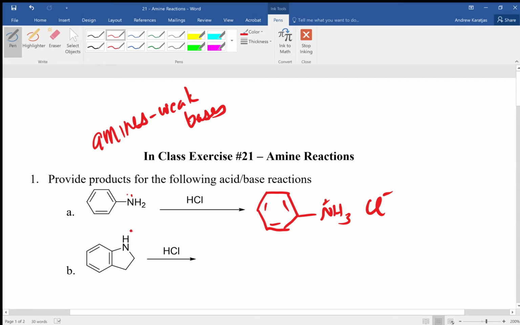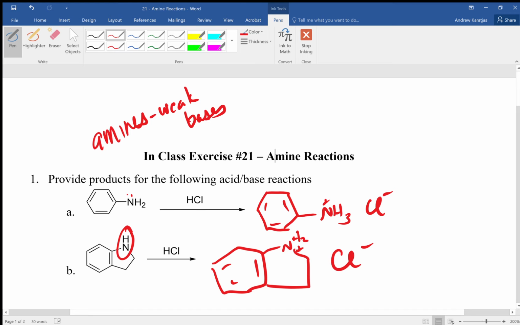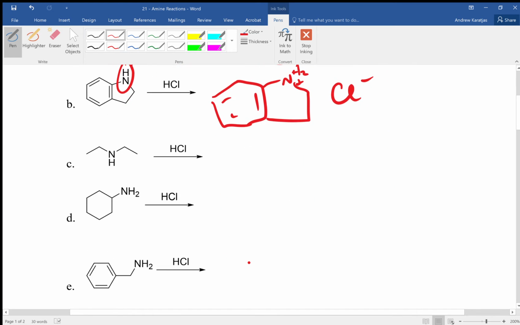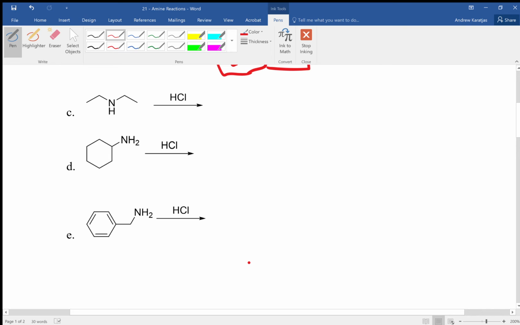Same thing in part B. Strong acid reacts with an amine, and we get an ammonium salt. And we can continue through the rest of these examples, but same thing is going to happen.